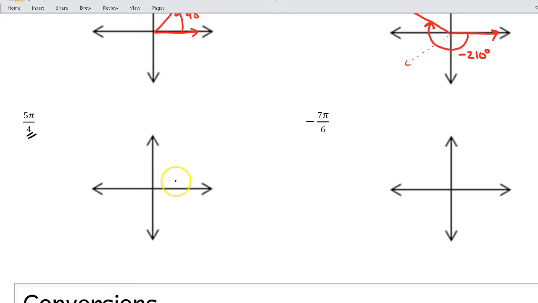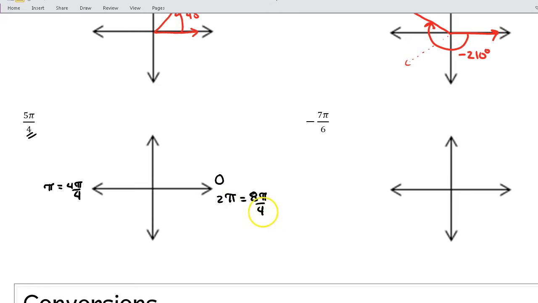So I know that halfway around the circle is pi. So this is pi. And in terms of fourths, that would be 4 pi over 4. Alright, so I would start at 0, and then I would go halfway around to pi, which would be 4 pi over 4. And then if I kept going all the way around, this would be 2 pi. But in terms of fourths, it would be 8 pi over 4.